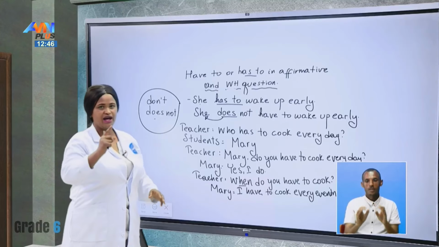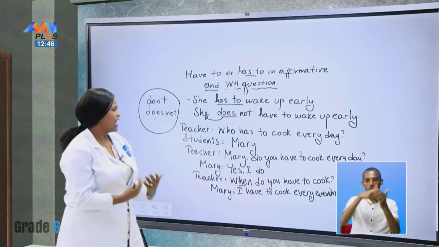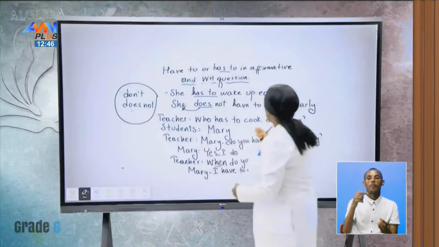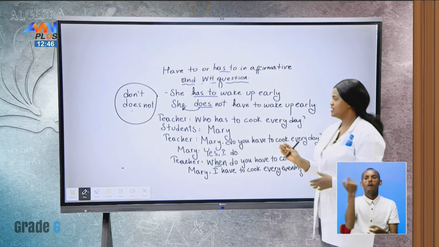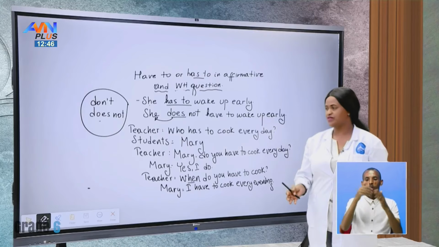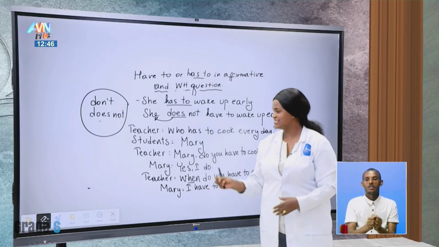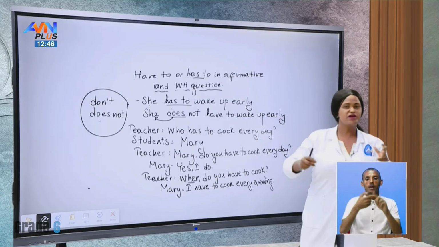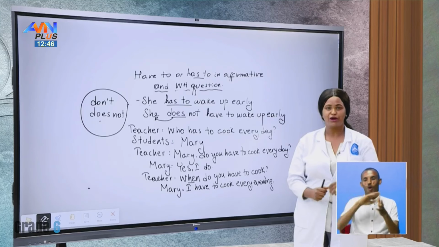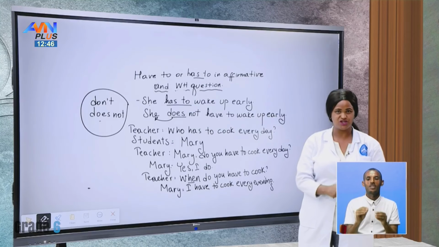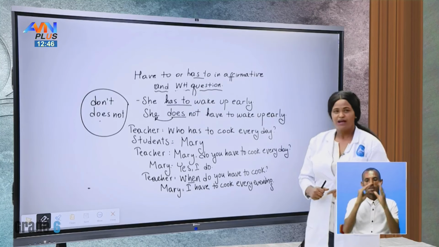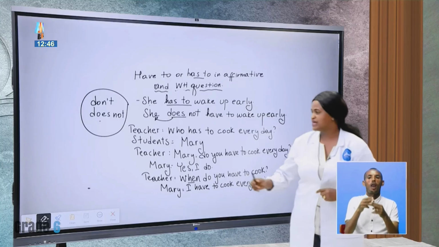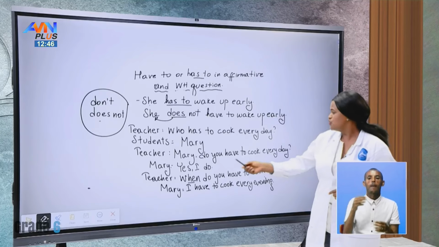First, I asked the whole class, who has to cook every day? Then the whole class together, since they are friends, said, Mary, Mary, Mary, all of them. Like what you do in your classrooms with your teacher, right? Then I called Mary and I said to her, Mary, do you have to cook every day?